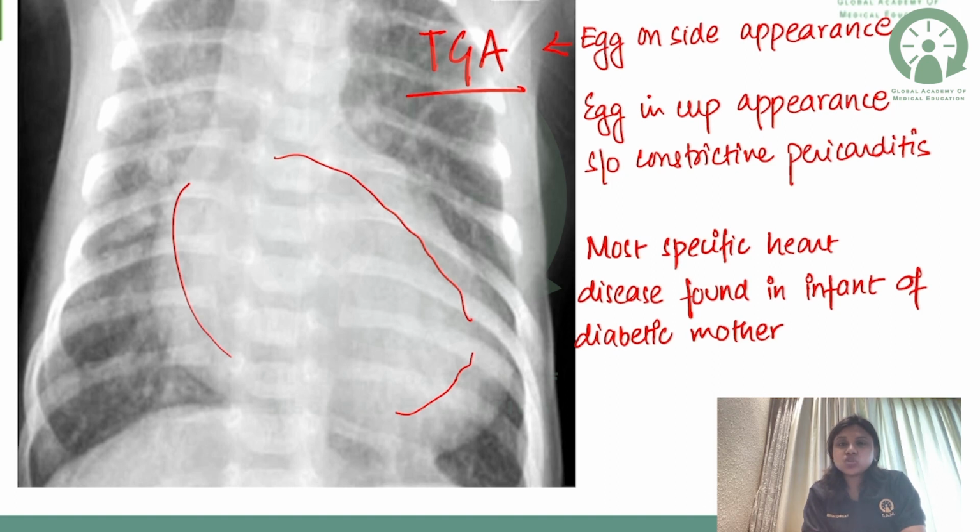Even TGA is also the most common heart disease that you get if the mother has phenylketonuria. So if a mother is having maternal phenylketonuria, what congenital heart disease can you expect in the baby? The answer will be transposition of the great vessels.